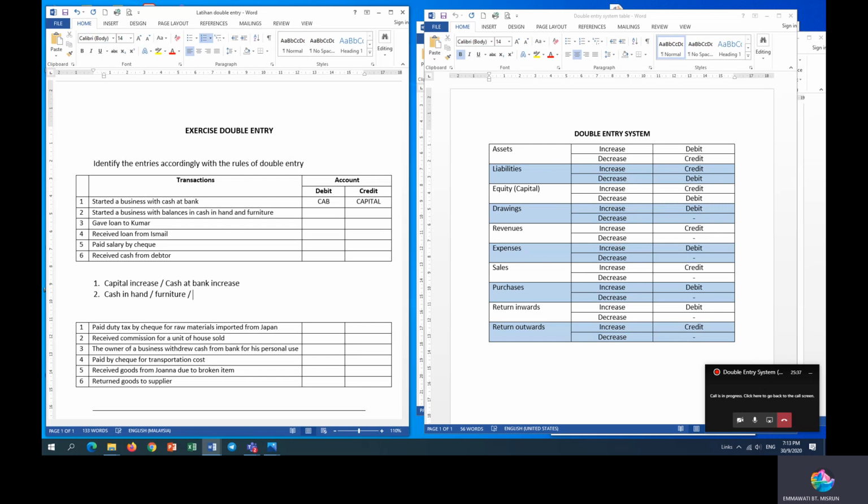Sebab akaun yang ketiga akan melibatkan capital. Kenapa? Sebab kita telah pun memulakan perniagaan dengan akaun-akaun yang berbaki. So this is the meaning of our second transaction. So this is why you should have capital account in the second transaction.